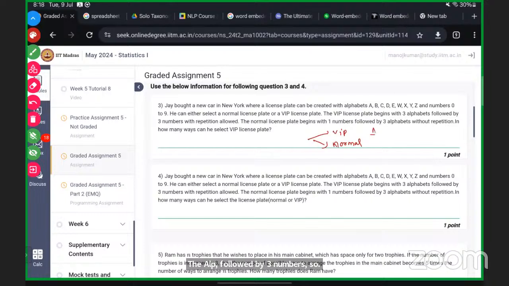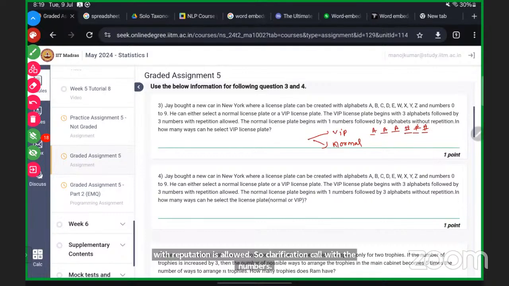I'm just writing A for alphabets, then there are 3 numbers. It can be anything, with repetition allowed. So the VIP license begins with 3 alphabets followed by 3 numbers with repetition, so you can repeat.